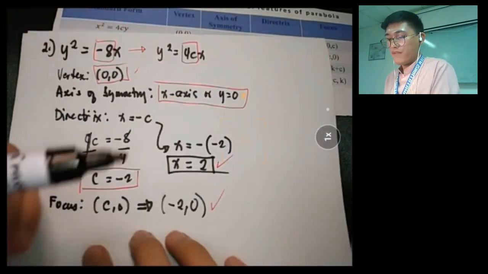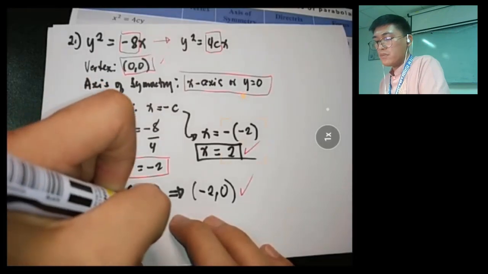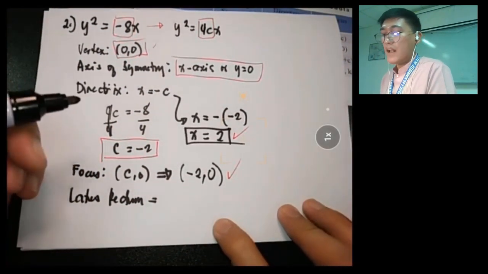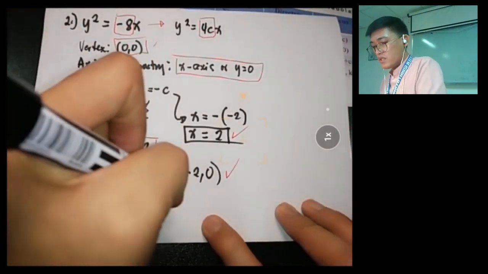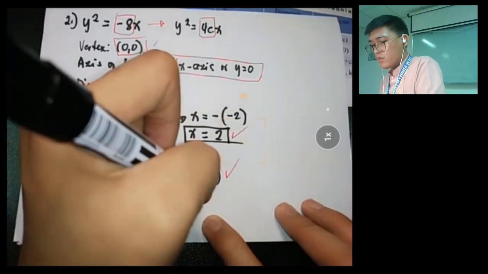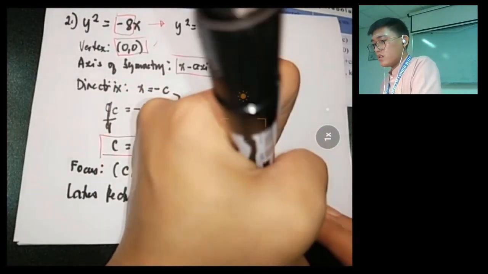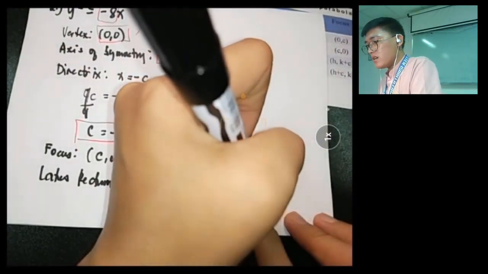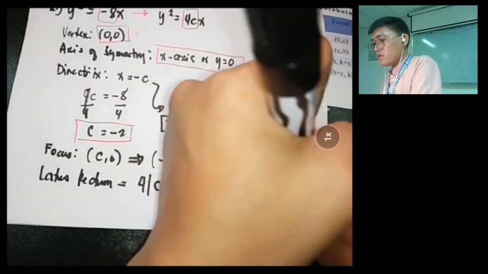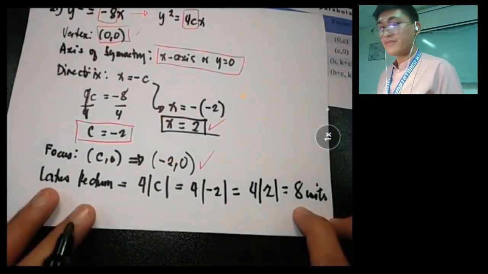Of course, the final one is the latus rectum. Latus rectum is 4 times the absolute value of the focus length. For the absolute value of negative 2, it's 4 times 2, then we will get 8 units.